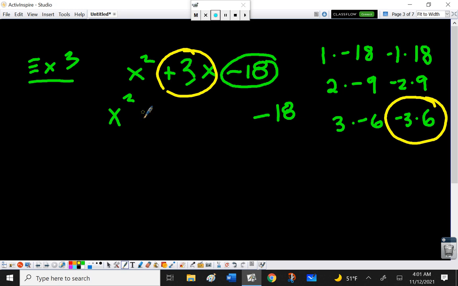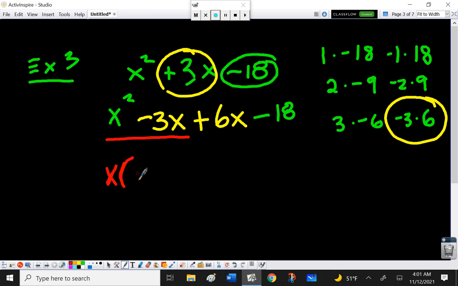So we're going to write this here, and you can put it in any order you want to. So I'm just going to put negative 3x plus 6x. And then we're now going to factor by grouping. What's common here? Well, we've got an x common. So we're left with x minus 3 in the parentheses. And here we're going to have a 6 common.